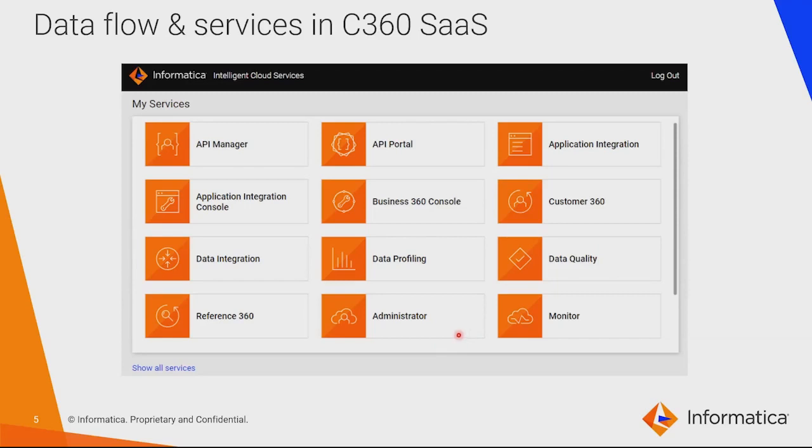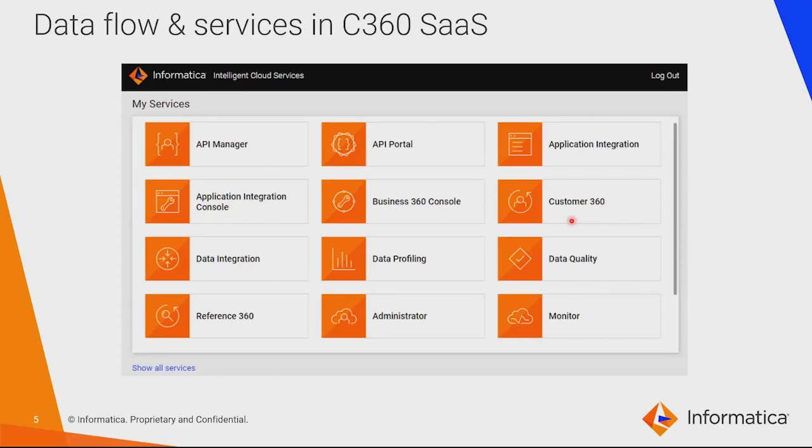The next important chiclet is the Business 360 console. In this microservice, we will be basically managing all the assets that are relevant to your MDM SaaS application. It could be your data model, creating your business entities, managing the definitions, and all such activities.